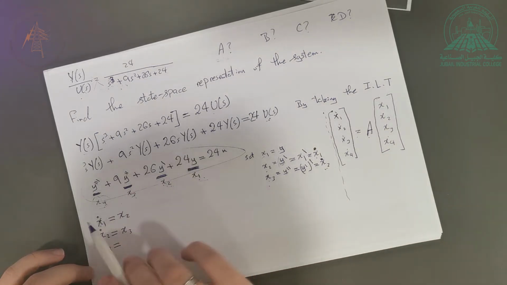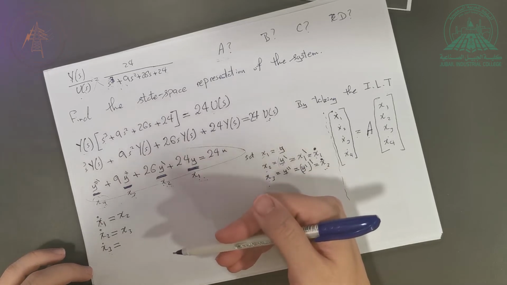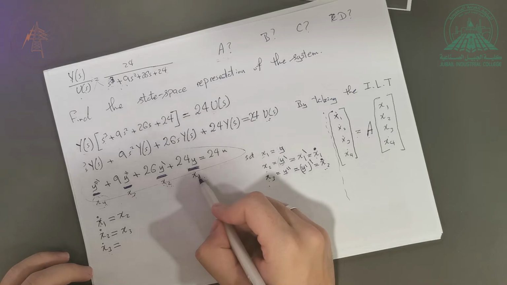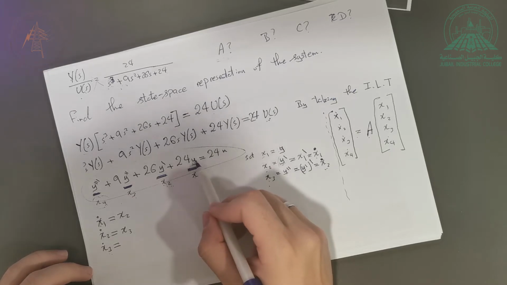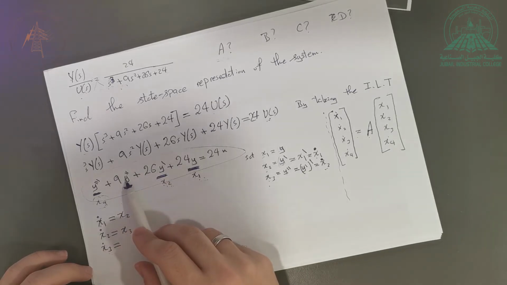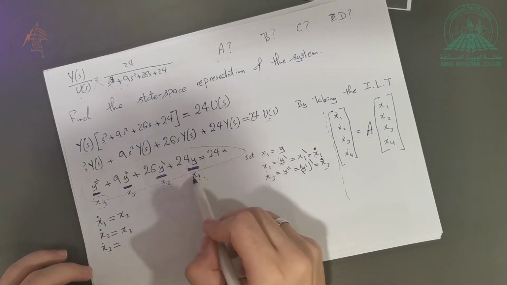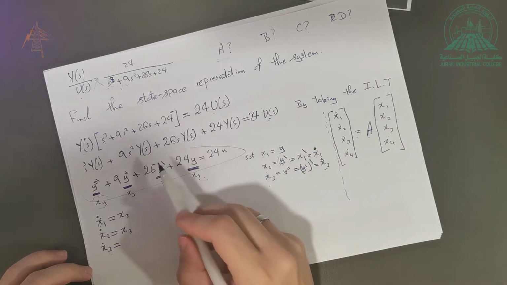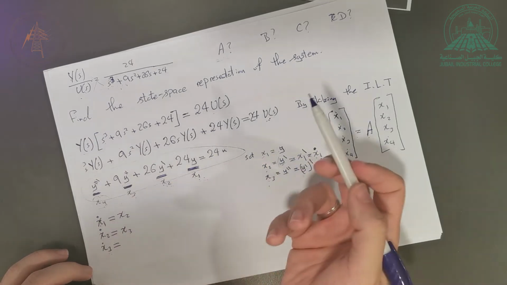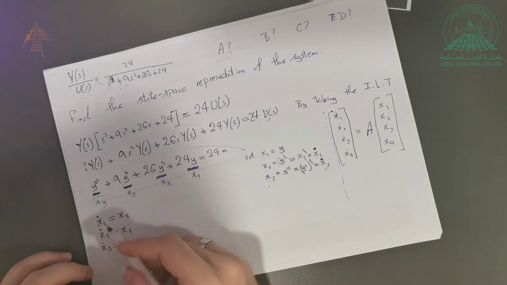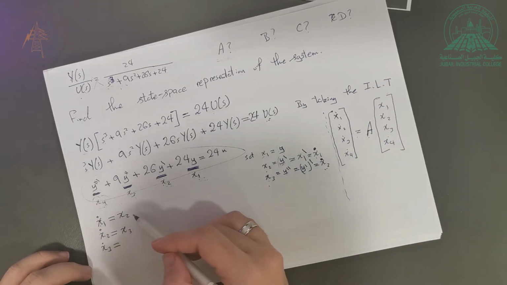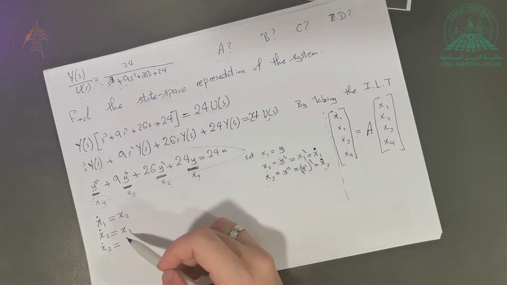Because this is the systematic way that we have followed, which shows y to be our first state, and we chose its first derivative to be the second state, and the second derivative to be the third state. And because of that, when I differentiate, I get x2 because I chose it to be my second state. And when I differentiate again, I get the third state because this is what I chose to be my third state. That's why x1 dot and x2 dot are always going to be like that. Very straightforward. x1 dot is x2, x2 dot is x3.